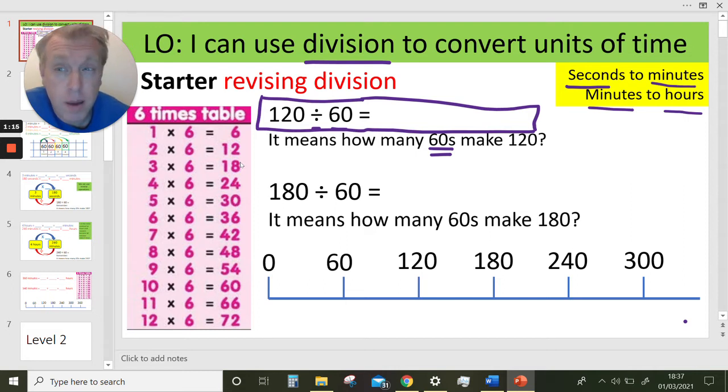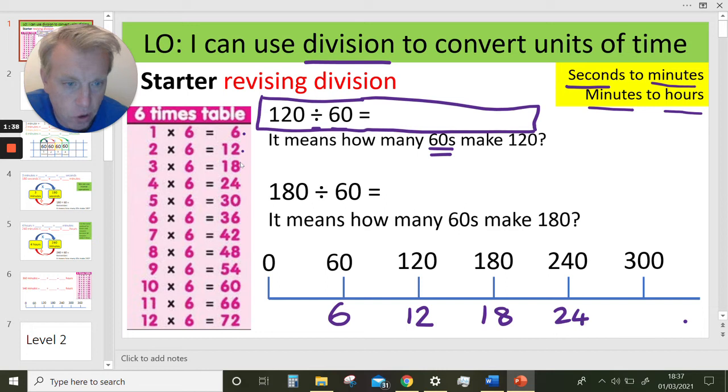Which times table is going to help us? Yes, the sixes. So look, I've got my 6 times table here. 1 times 6 is 6, 2 times 6 is 12. So if we write down here the multiples of 6: 6, 12, 18, 24, 30.